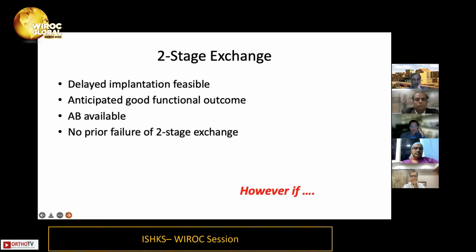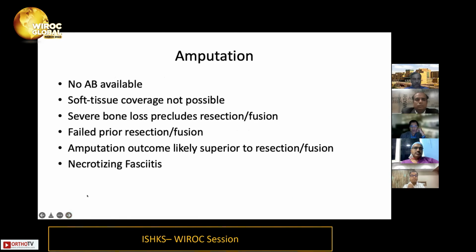However, if any of these factors are present, such as absence of sensitive antibiotics, if no soft tissue coverage is possible, if there's severe bone loss which precludes a resection or a fusion, or a failed prior resection or fusion, if an amputation outcome is likely to be superior to a resection or fusion, and rarely necrotizing fasciitis.